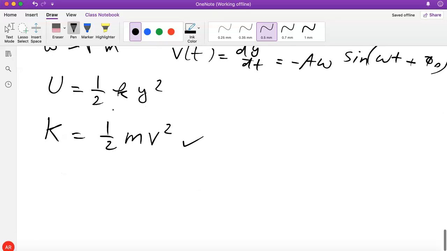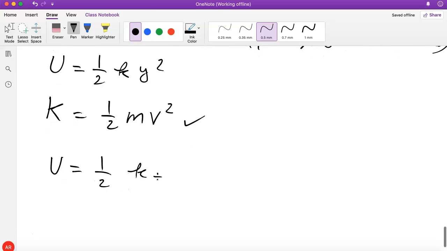So let's see if we can derive this. So I can write U, the potential energy, as 1/2 k times (L plus y) squared, right?